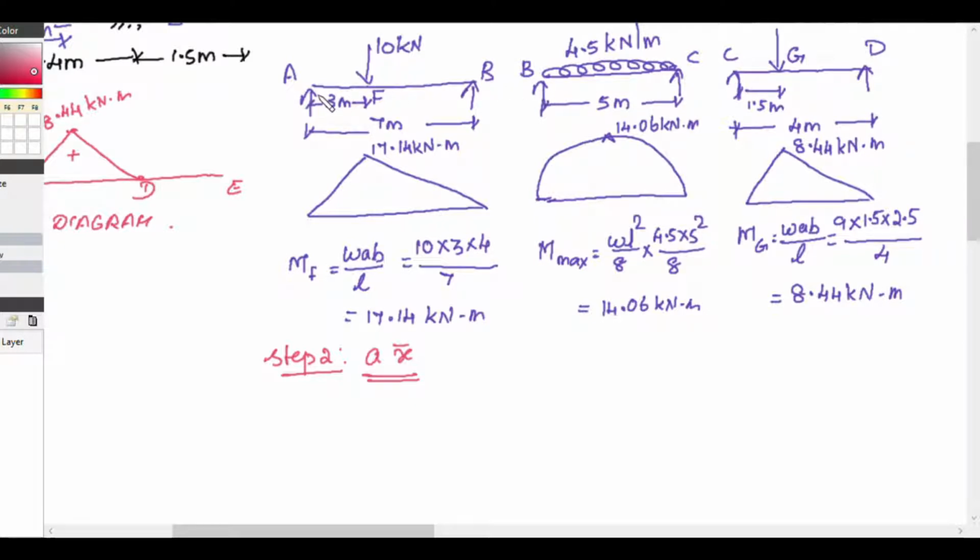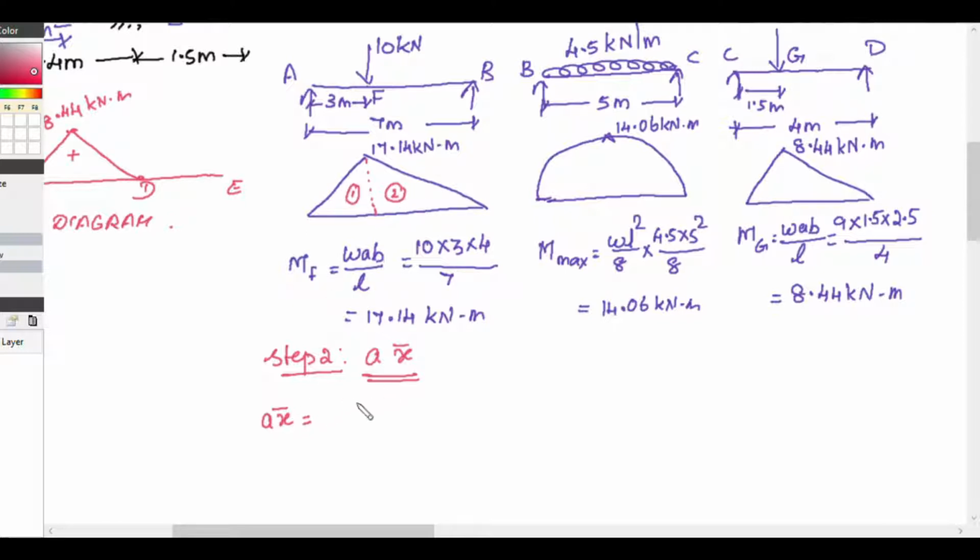When we are considering from A, we will divide this into two triangles. So this is the first triangle and this is the second triangle.